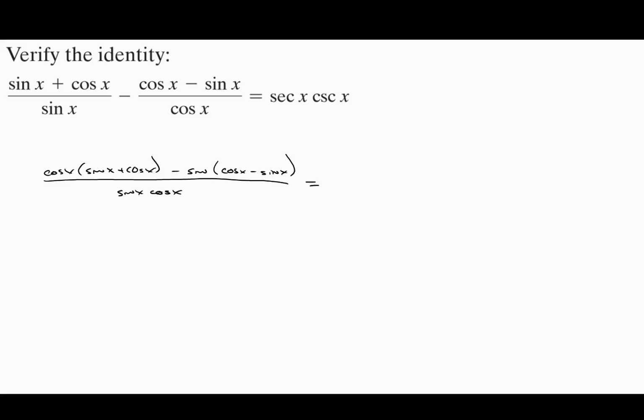This is cosine times sine plus cosine squared, minus the sine times the cosine, plus the sine squared, over the sine times the cosine.